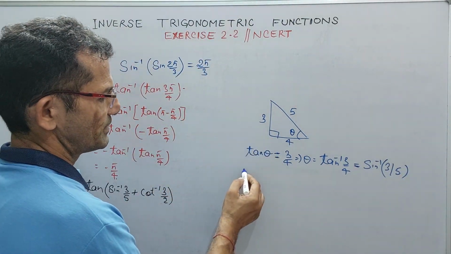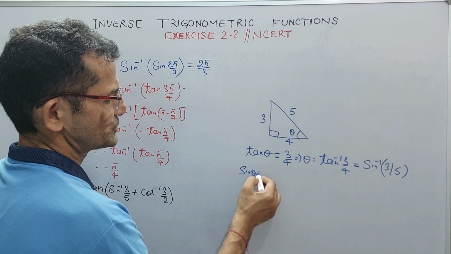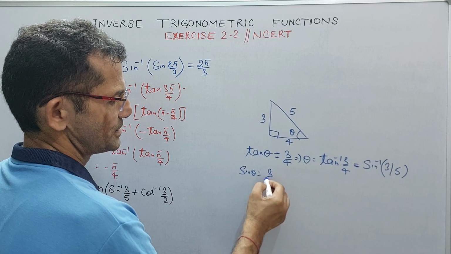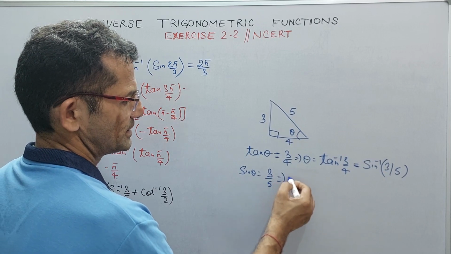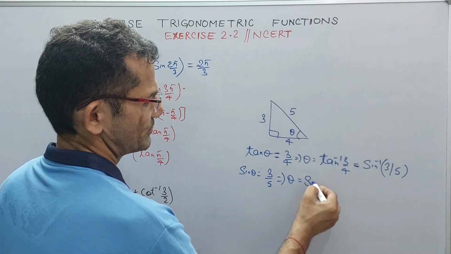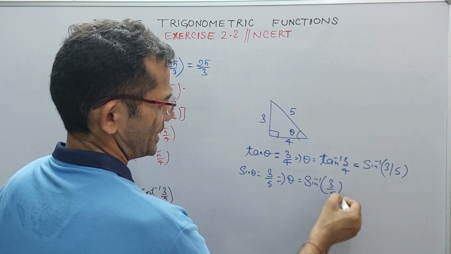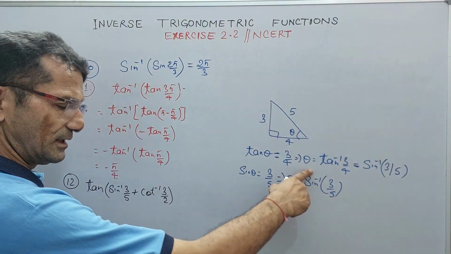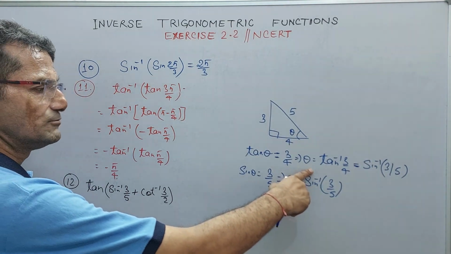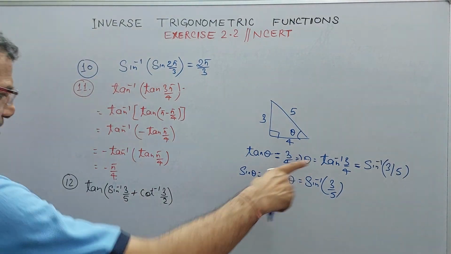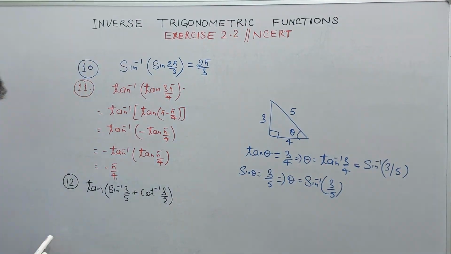We know that in this formula, sine theta is equal to 3 upon 5, and from here theta is equal to sine inverse 3 upon 5. It means that this theta and this theta are the same one. Therefore tan inverse of this is equal to this one, so we have to replace these values with this one.